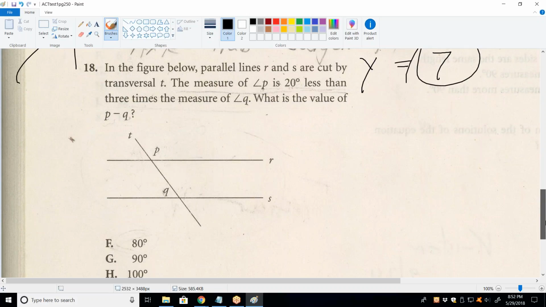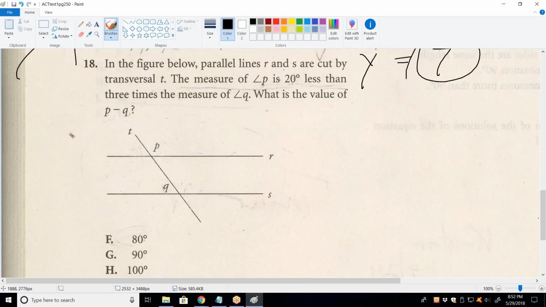Parallel lines. The classic problem that you're going to see 3 or 4 of on the test. Parallel lines cut by a transversal. Now, remember a couple of problems back I said that when you see a question like that, it doesn't make it a good back solving problem, because they're not asking for a single quantity.